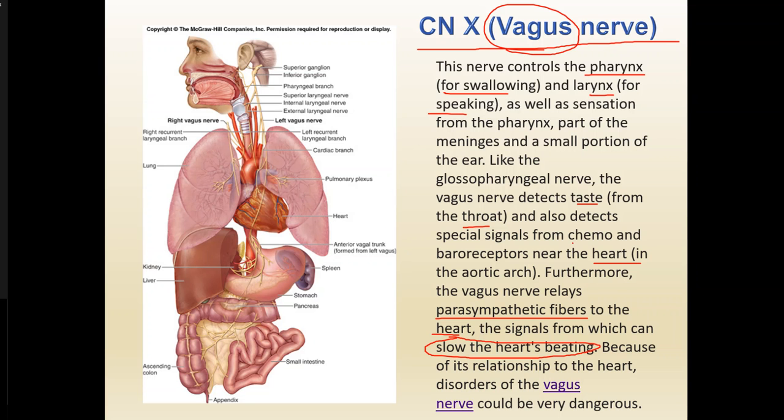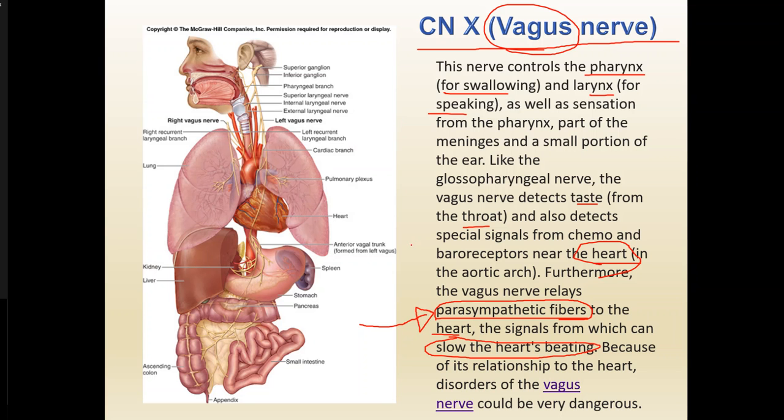Okay, so remember, this is super important, the connection with the heart through parasympathetic fibers, and you know that parasympathetic controls your rest and digest, so it slows down the heart beat. Okay, you don't want your heart to pump so fast. There has to be a control.